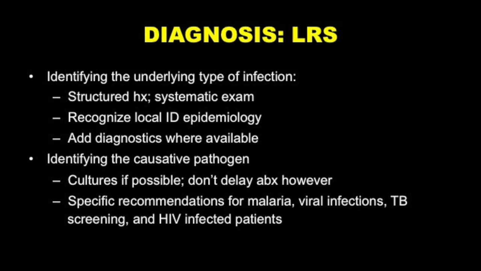In terms of coming up with a causative pathogen, you get cultures if you can, even if you can only draw the blood and send it off, because that is going to help you narrow your antibiotics later and try to prevent antimicrobial resistance and multi-drug resistant organisms, but don't delay your antibiotics. They include very specific recommendations for malaria, viral infections, TB screening, and HIV-infected patients, all of which is really important in this setting.